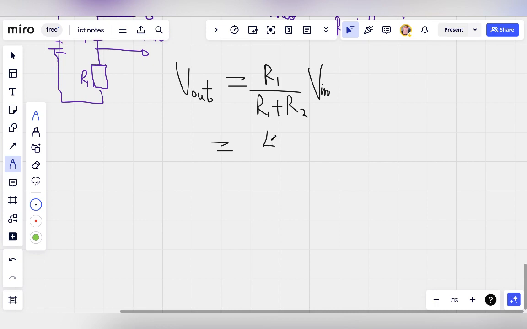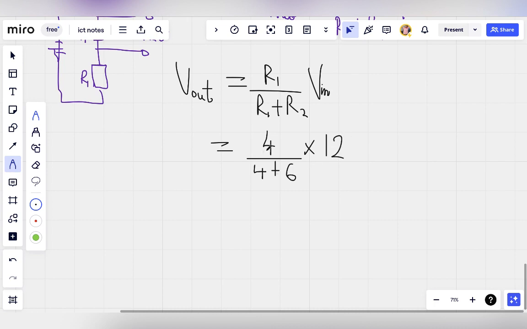What's your minimum value? It will be 0, because we have to put 0 here. So it will be 4 over 4 plus 6, times the input voltage, which is 12.